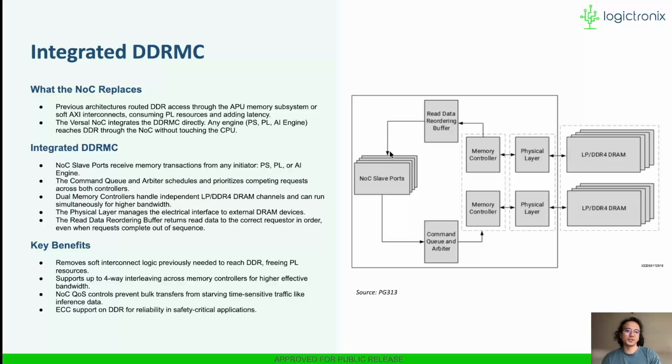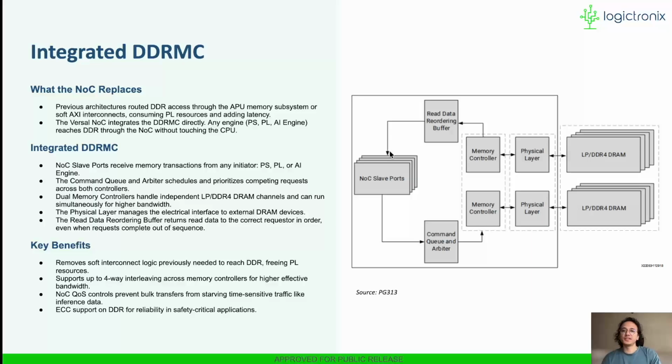This is a mandatory process in the Versal devices which have integrated DDR-MC. In the previous architectures, the DDR access was routed through the APU memory subsystem or some soft AXI interconnect, which consumed PL resources and added latency. This has been improved, and now PL resources can be saved in the Versal devices.